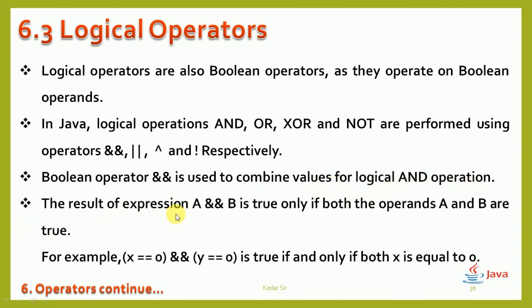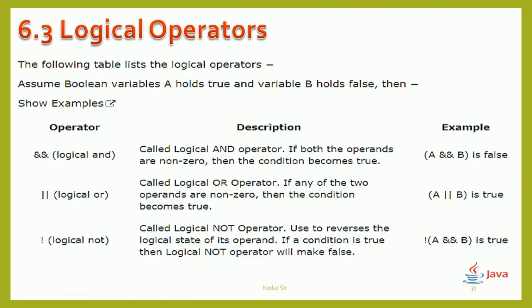The result of the expression A and B is true only if both operands A and B are true. For example, x == 0 and y == 0 is true only if both x is equal to 0 and y is equal to 0. So you can use these logical operators in your Java program.